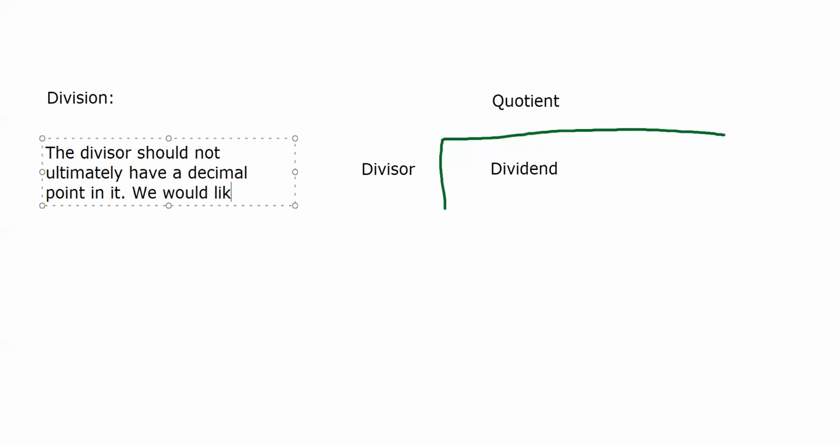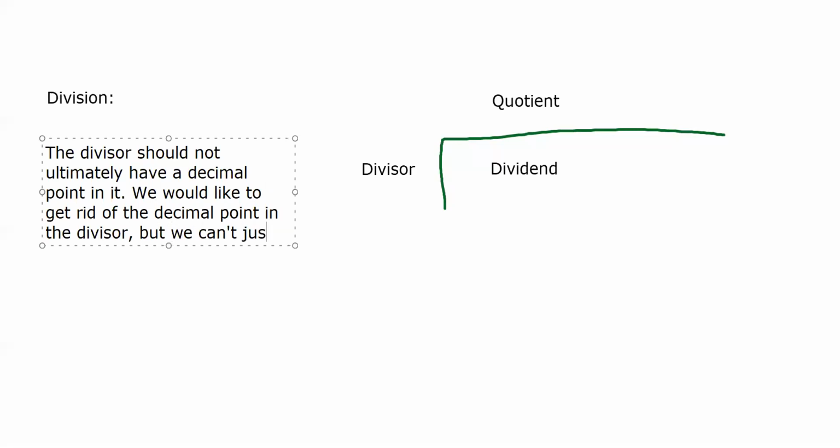We would like to get rid of the decimal point in the divisor, but we can't just do that arbitrarily. We can't just say, okay, decimal point hocus pocus is gone. You're not allowed to just remove it for no reason. You have to have a pretty darn good reason to remove it.